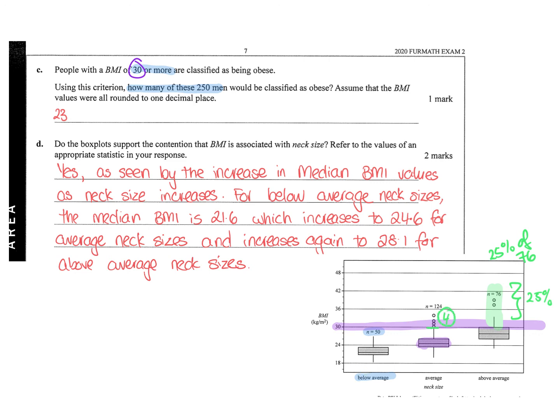So there's 4 here that are above 30. So that's how we're going to do it. We calculated 25% of the 76 plus the 4. So you can just go 0.25 times the 76 plus 4, and you'll get 20.